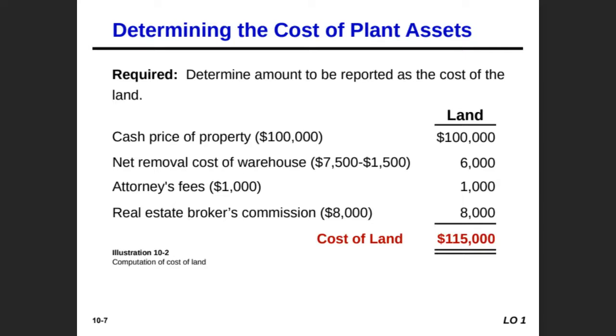Property belongs to what? It is an asset and it belongs to the owners. You may write land or property, it's the same thing. Normally in accounting we write land, we don't write property. Because we purchase a land here in this case, right?